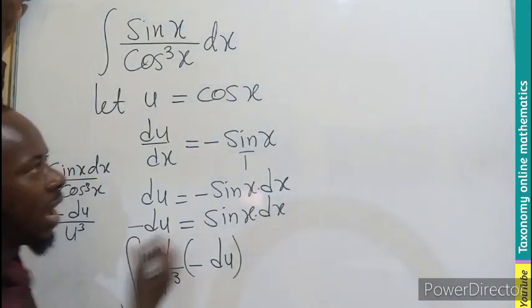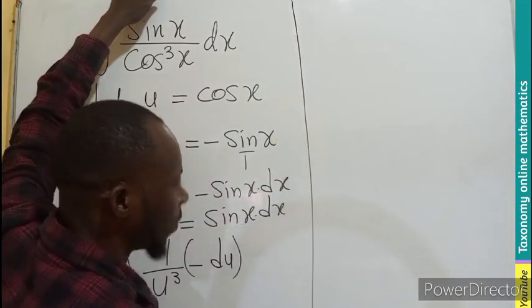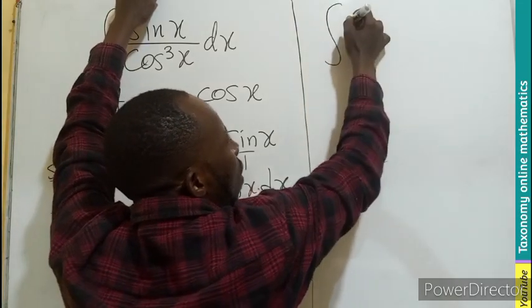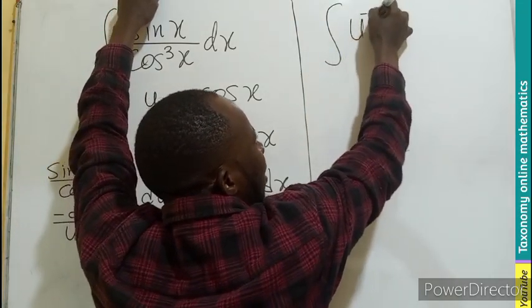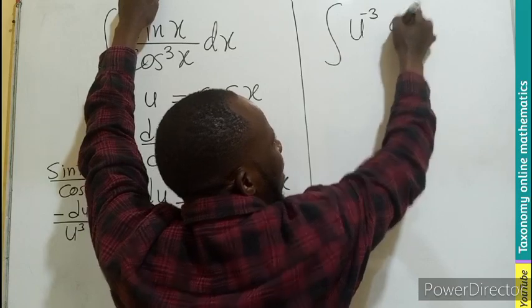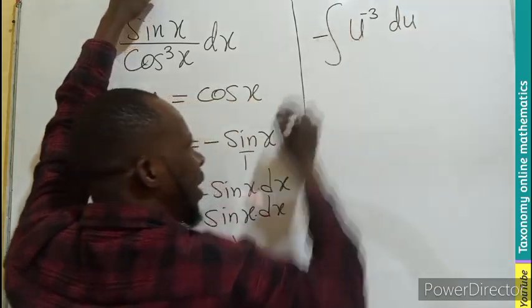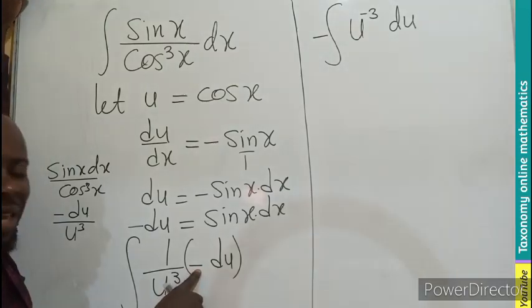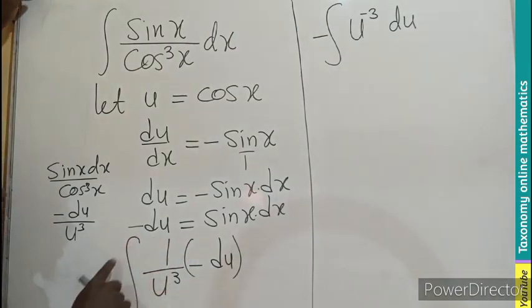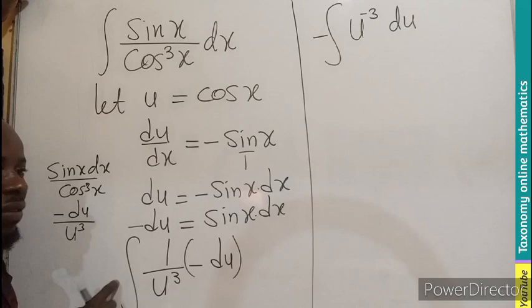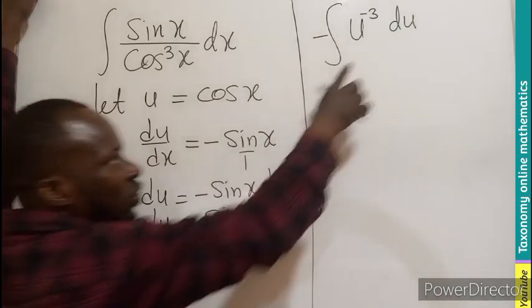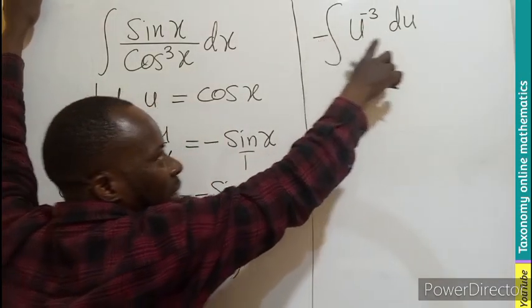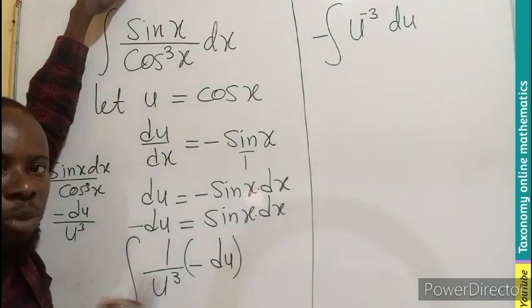So this will become the integral of u to the power negative 3 du, with a negative. Why negative? I am shifting negative 1 as a constant in front of the integral sign, so that will multiply, meaning the u will become positive.